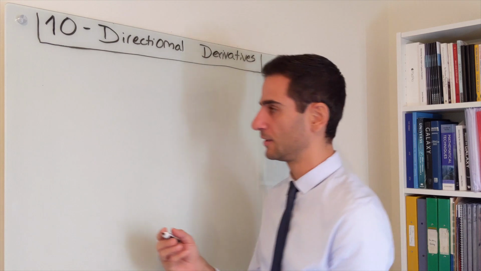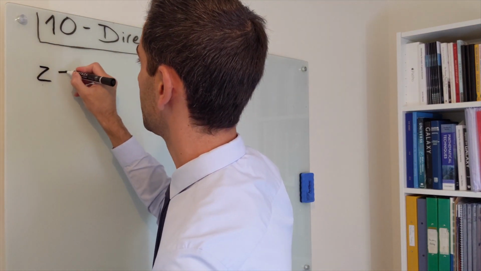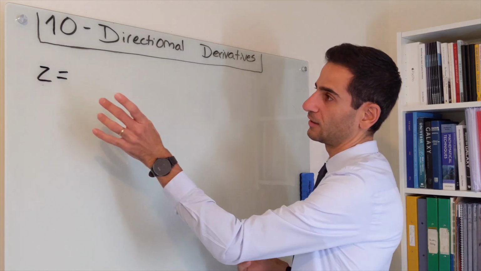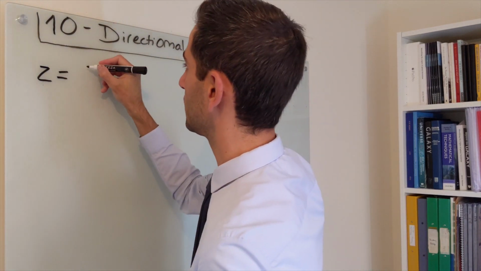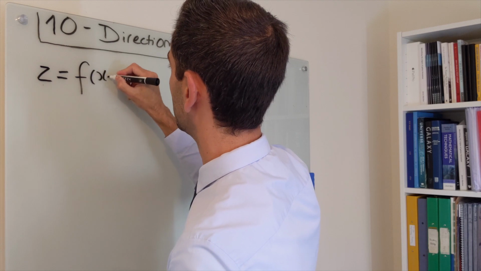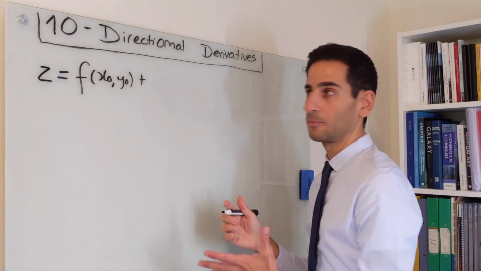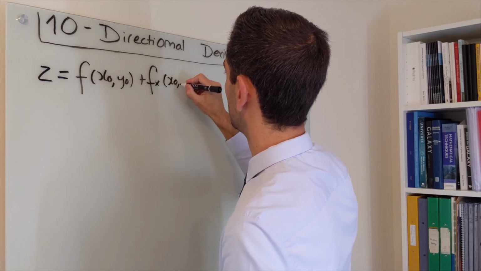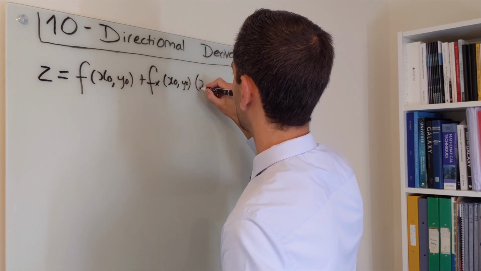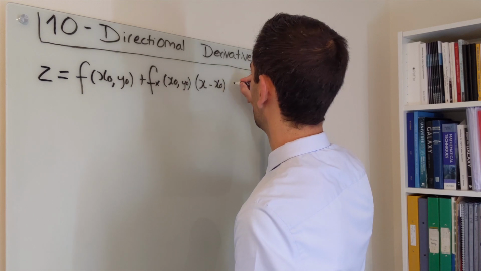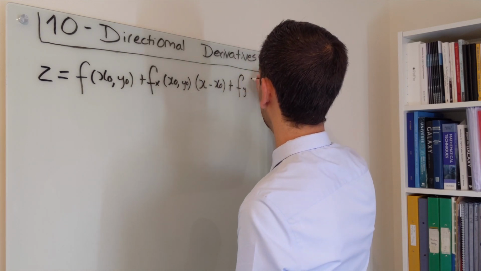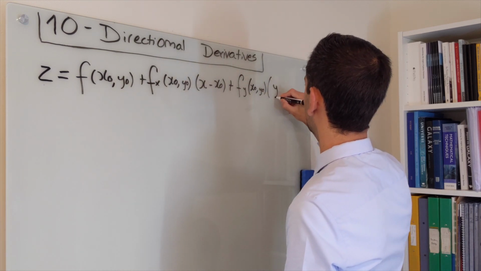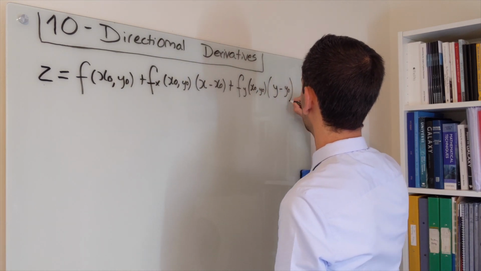If you remember from a previous video and section, we were able to write down an equation for a tangent plane that was written as z equals the value of the function at a point plus the partial derivative fx at point x0, y0 times x minus x0 plus fy at x0, y0 times y minus y0.